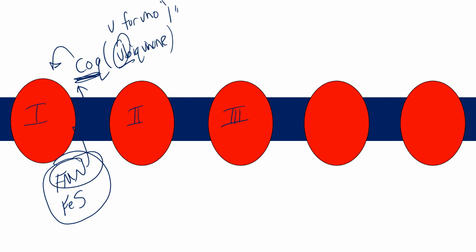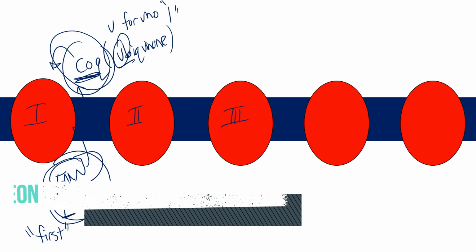If you don't have flavin mononucleotide or you don't have iron sulfate, then you cannot operate complex 1 in the correct way. Therefore, coenzyme Q won't be able to transport the electrons from complex 1. How do you remember that? Back to our funny little mnemonics. There's an F at the beginning of both of these. F stands for first. So it's affecting the first complex, complex 1 involving coenzyme Q.